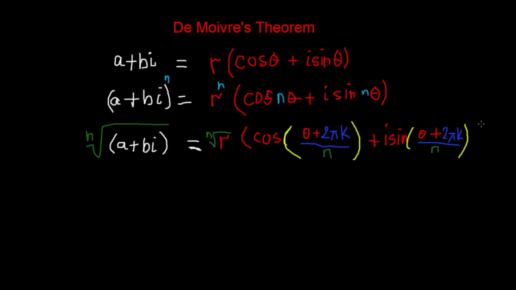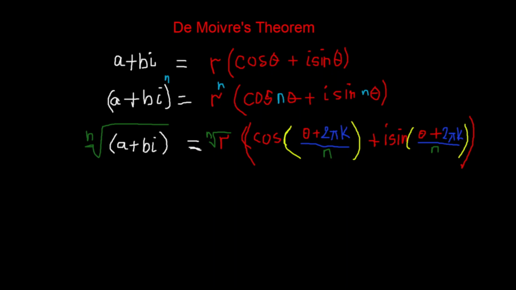This formula might look a bit complicated, but it actually is not. If it's raised to the nth root, let's say square root, we also raise the radius to the nth root, but then we're finding the cosine of theta plus 2 pi k over n. This n comes from the nth root, and same thing for the sine.